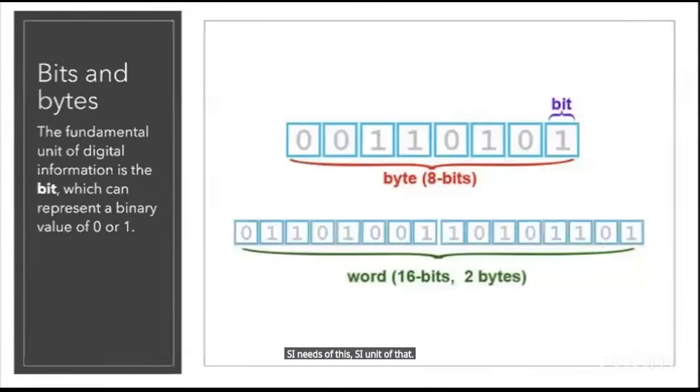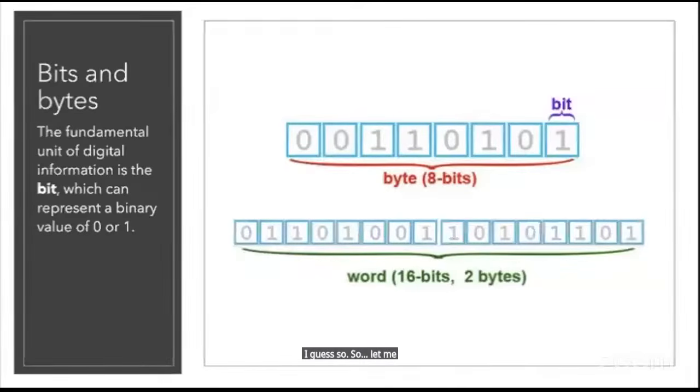SI unit of mass is kg, kilogram, right? Abroad, in the US, I think it's pounds, but in the UK and Commonwealth countries, it's kg. SI unit of time is second. SI unit of height, I think it should be meter. I guess so, so let me put it that way.